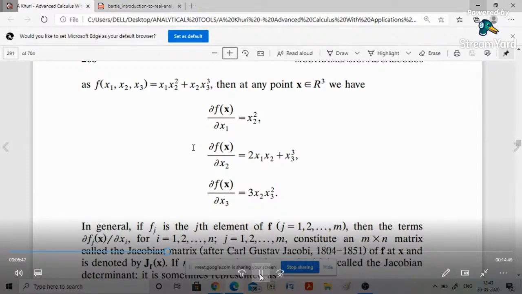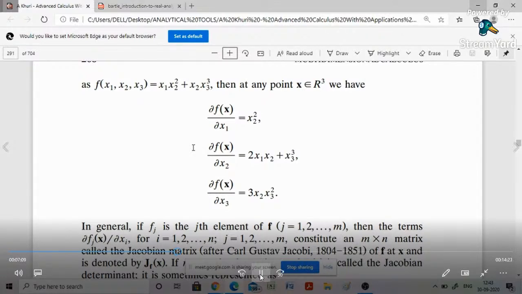We can arrange these partial derivatives in a vector form. Okay, we can arrange because here we have only one component for the range function f. Suppose there are m components, that is, the range of the function consists of m components of real numbers. So let it be f1, f2, f3, etc., fm.